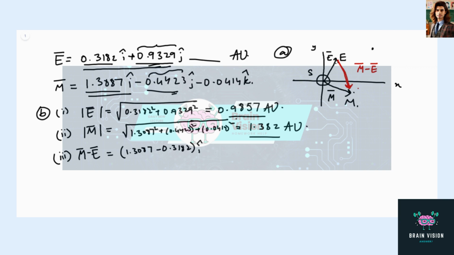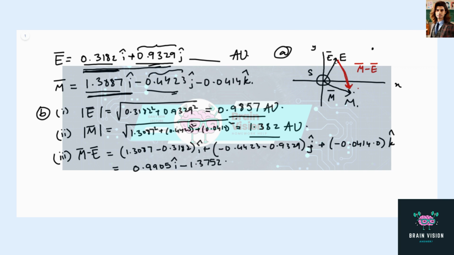Notice that I have subtracted the x component of E from the x component of M. Similarly, doing the same for other components, we can write it as minus 0.4423 minus 0.9329 j hat plus minus 0.0414 minus 0 k hat, which turns out to be 0.9905 i hat minus 1.3752 j hat minus 0.0414 k hat.